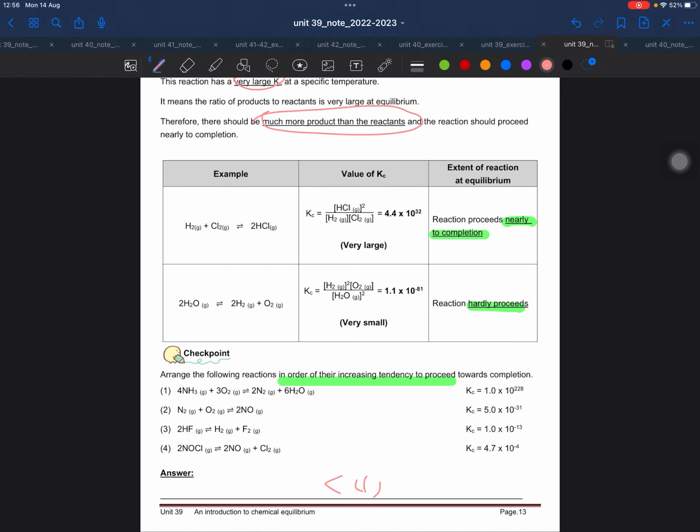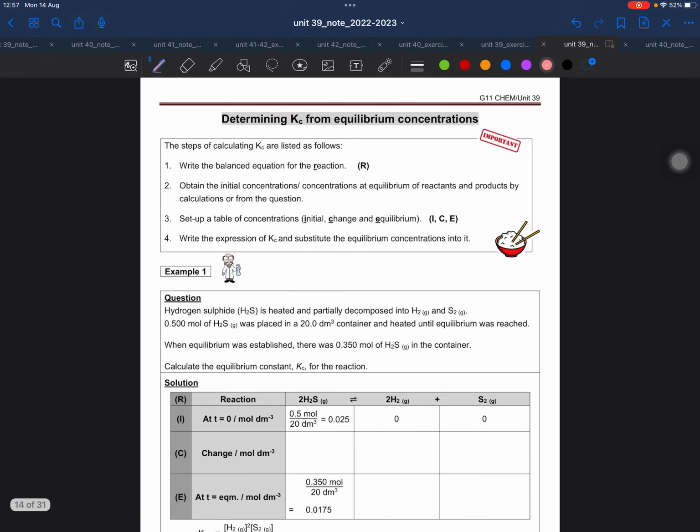The one should be the highest, followed by 4, followed by 3, and finally 1. Like this. Oh, no, not 1. Okay, sorry, 2. Because the value of Kc for 2 is very small. That's it. Easy, right?